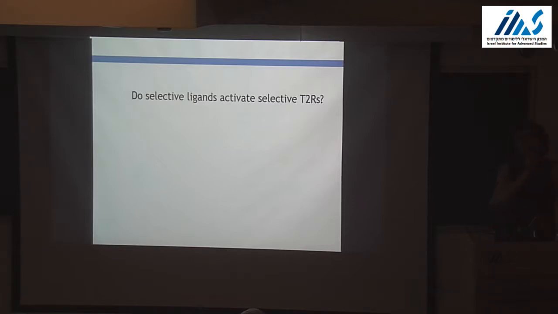Okay, so now we know what are the physicochemical properties of selective and promiscuous receptors and selective and promiscuous ligands for T2Rs, but now we wanted to know whether the selective ligands, or ligands that only activate a single T2R, is that single T2R also a selective one? In other words, is it reciprocal on the side of ligand and the side of receptor?